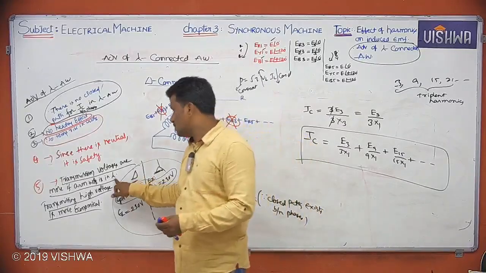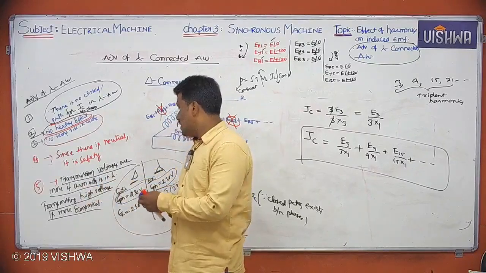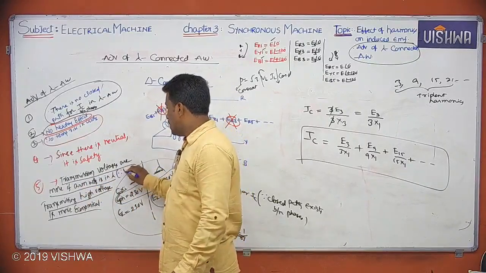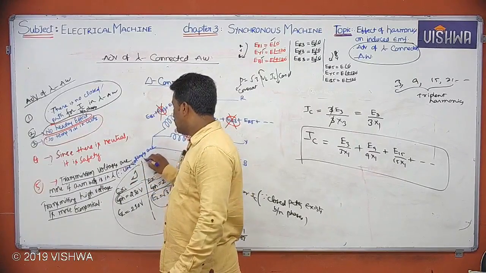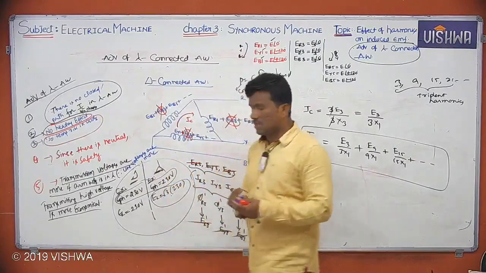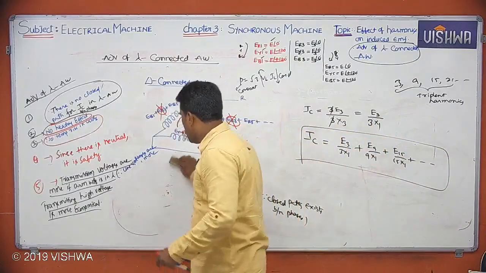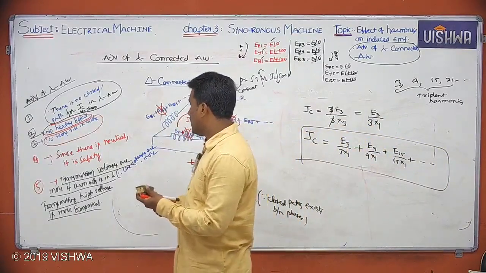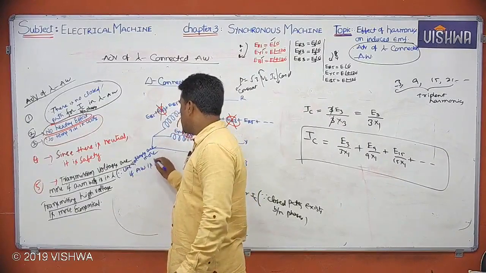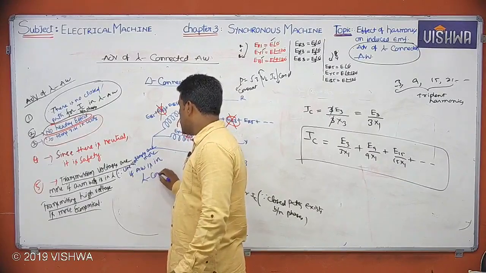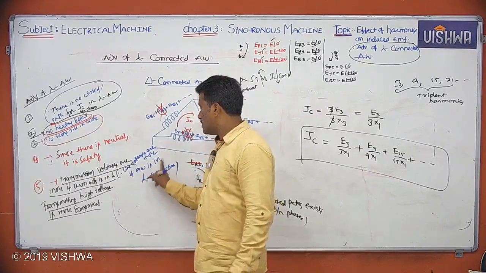So I can write here, in star connection, what is the reason? Since transmission voltages are more if armature winding is star connection, you can write here: since line voltages are more if armature winding is in star connection.